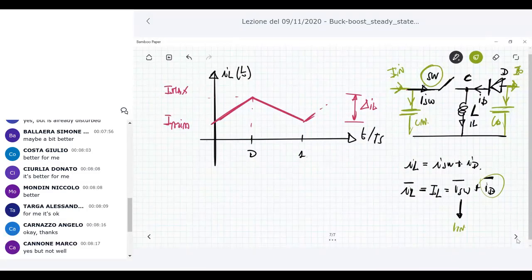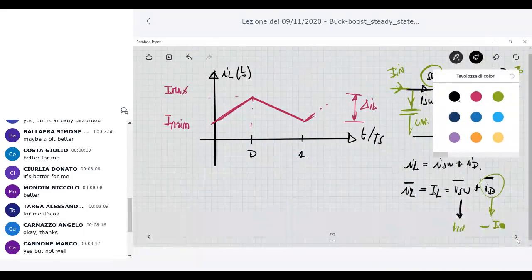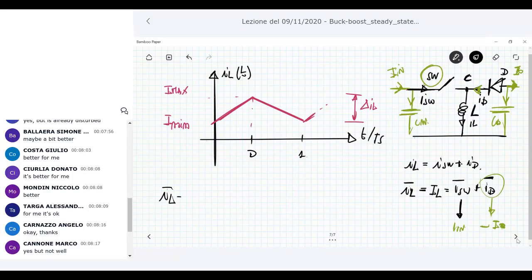As you can see, the direction of the output current is opposite to the direction of the diode current. So we can say that the ID average current is negative I naught. So the average value of the inductor current is the input current minus the output current.